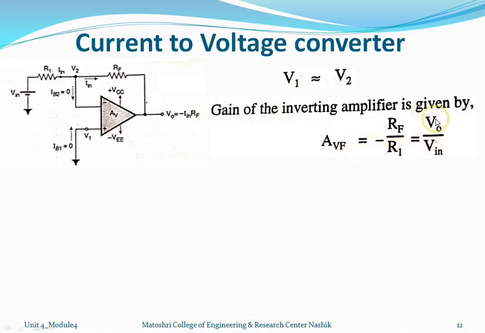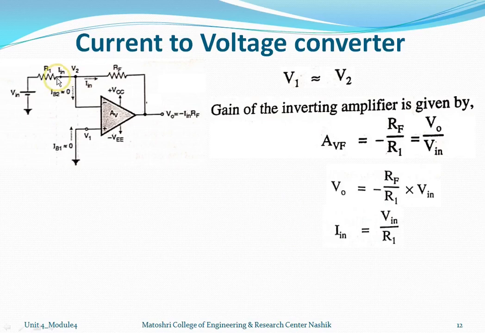If we compare these two values, we are getting the output voltage is nothing but minus feedback resistance divided by R1 into input voltage. And as we have discussed, V1 is approximately equal to V2 due to the virtual short, then V1 is 0, so V2 is also 0.